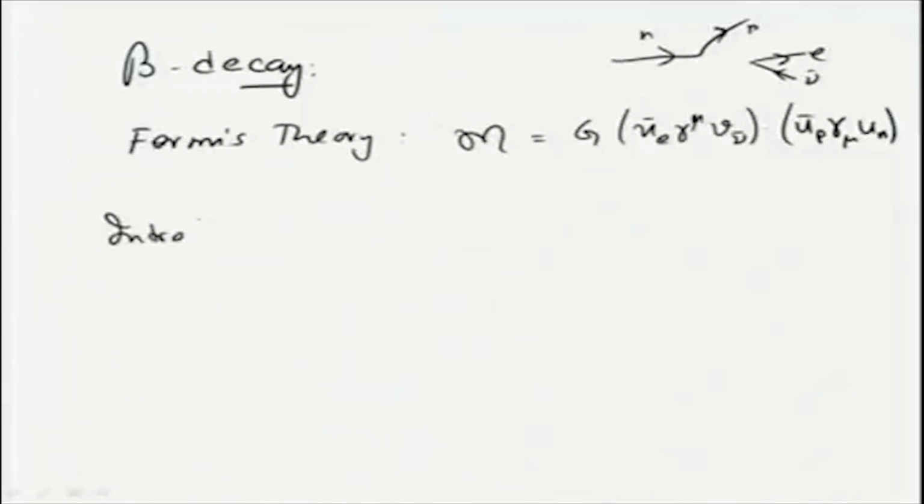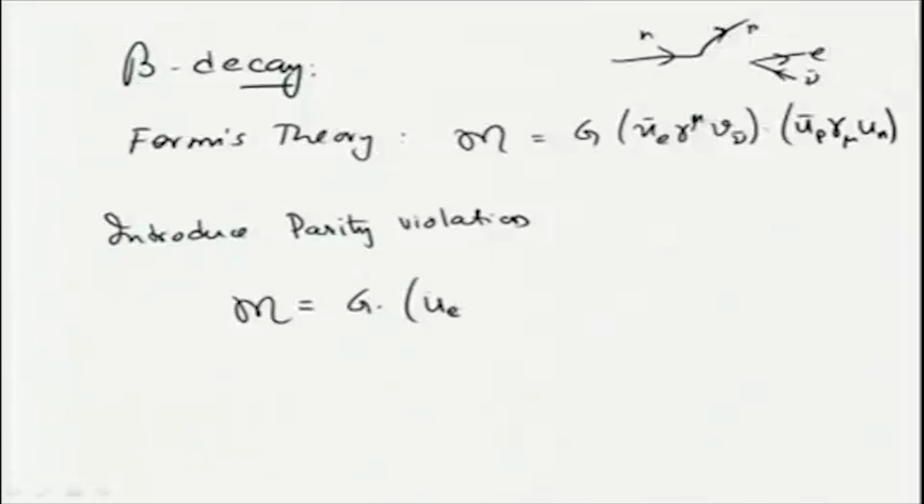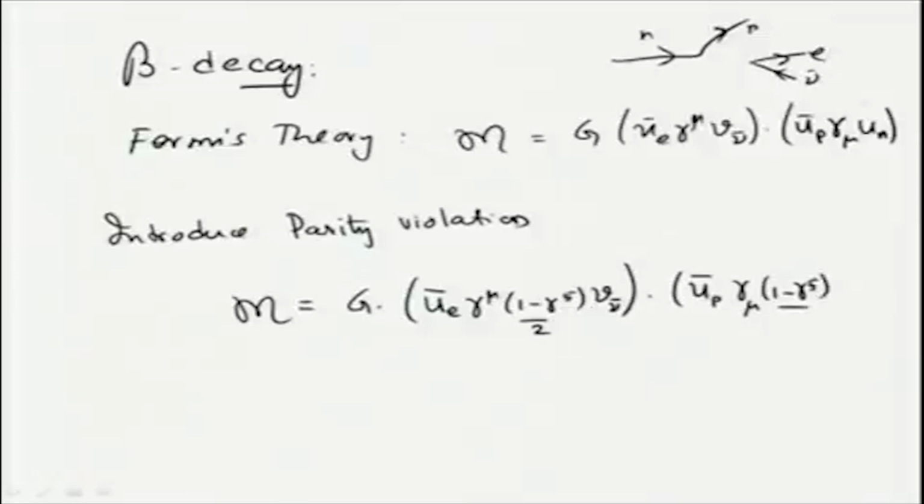To introduce parity violation, one can look at the interaction in a similar fashion with a slight change. The current is now u_e bar gamma mu (1 minus gamma 5)/2 v_nu bar, times u_p bar gamma mu (1 minus gamma 5)/2 u_n.